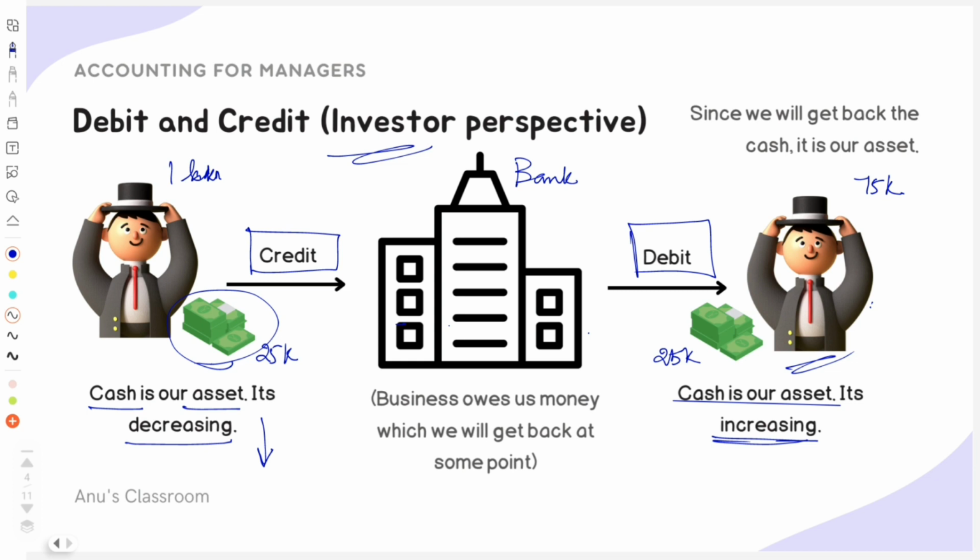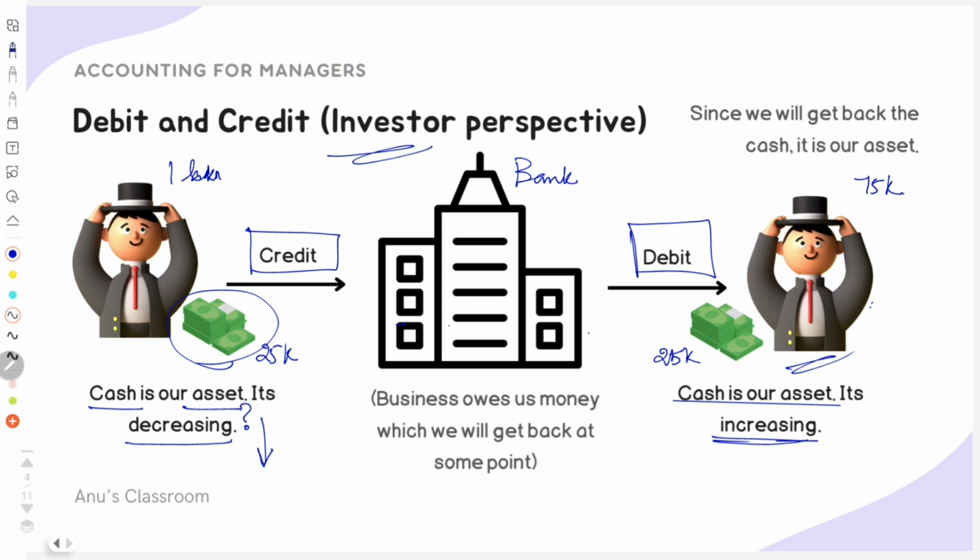But why are we thinking of cash as our asset? The reason cash becomes our asset when we put it in the bank or give it to a business is because that business or bank owes us money now. When we give it 25,000, that bank or business is liable to pay me back at least that 25,000, right? So I'll get that 25,000 back at some point of time. That is the reason why it is our asset. So that is from the investor's perspective.